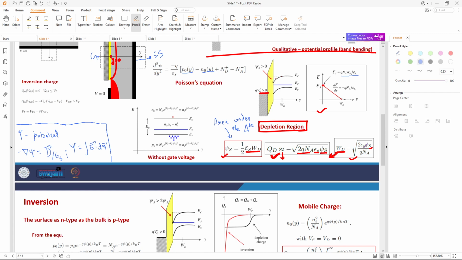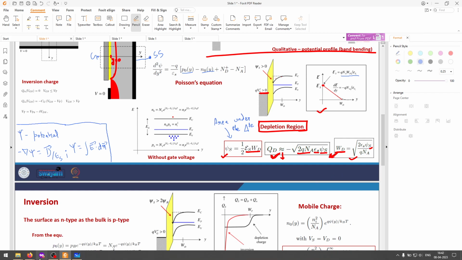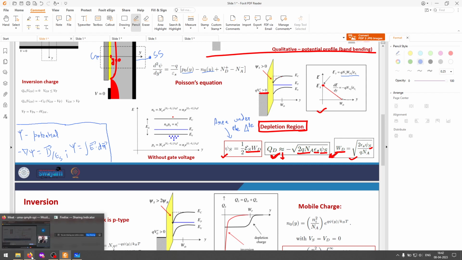No, just assume silicon for now. Relative permittivity of silicon dioxide is 4, and for silicon, around 11.8.